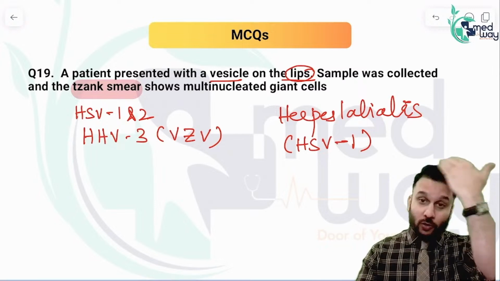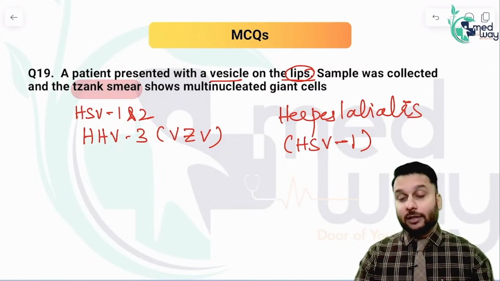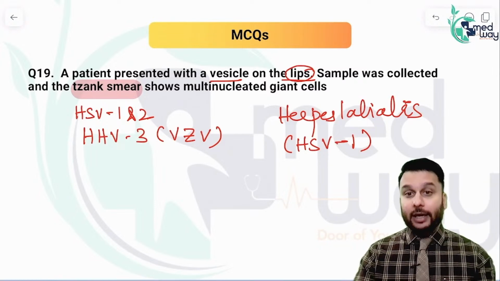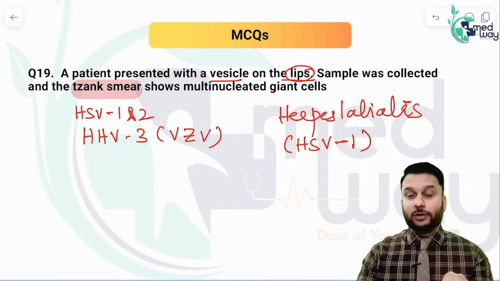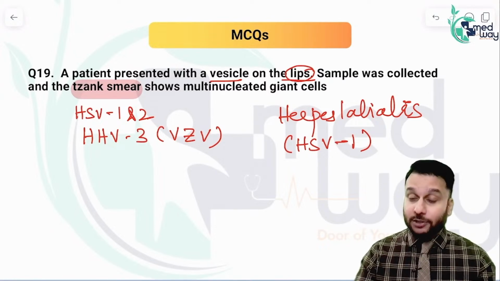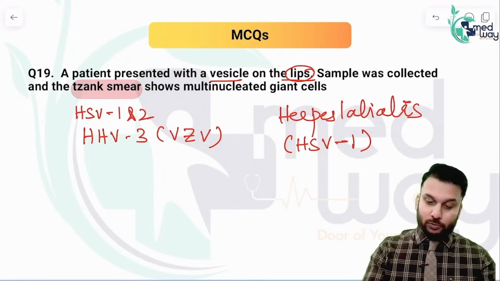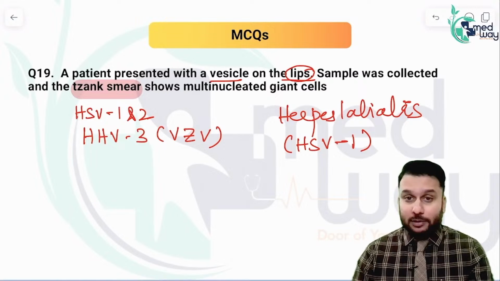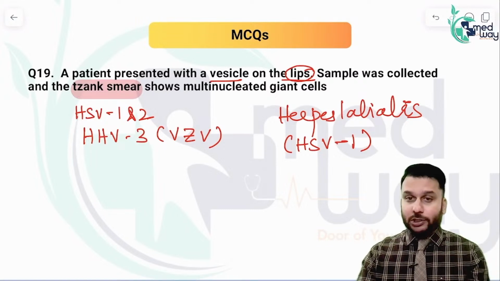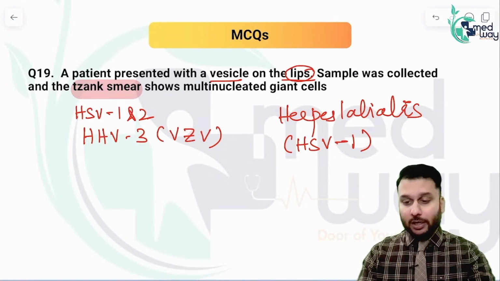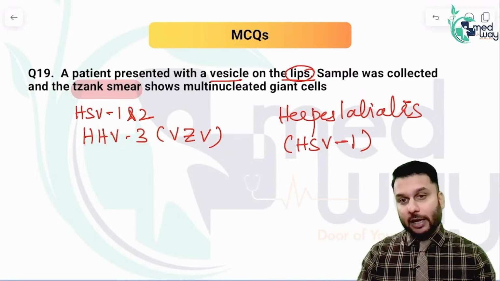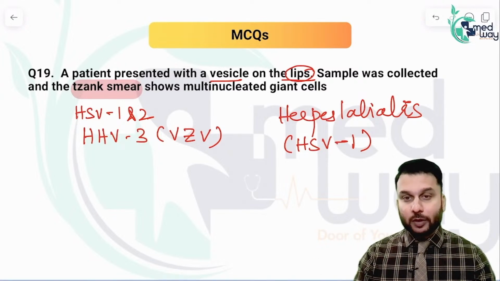It causes lesions on the top of the body, in and around the face. HSV2 causes lesions below, near the sexual area. HSV2 mostly causes genital herpes. So that's it. I would go with the answer herpes. I don't know whether HSV1 was mentioned or how the question was asked, but either way, this has to be answered from these three. All right, guys.